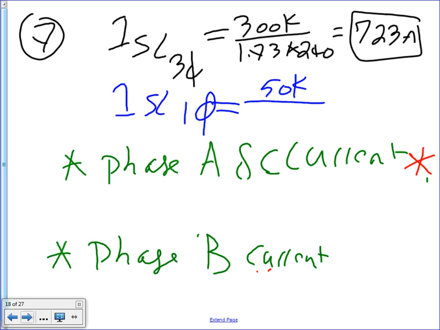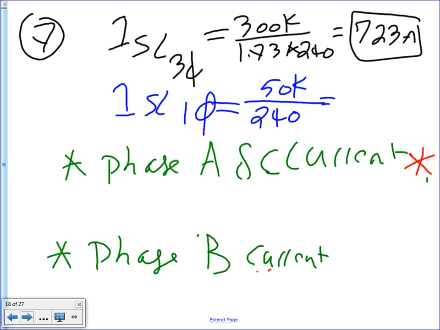So that's why it will be seen as 240, because you balance the load between the two legs. So when you divide here, you don't divide by 120, you divide by 240.